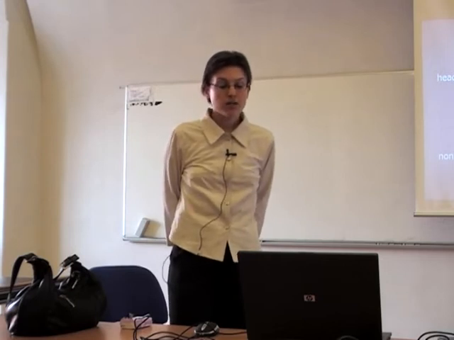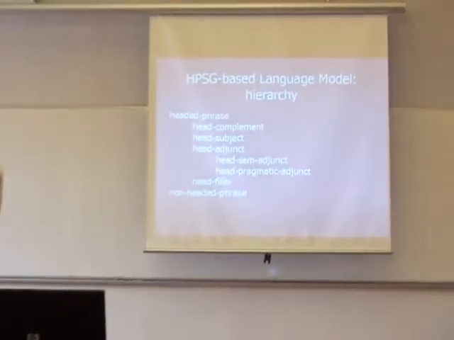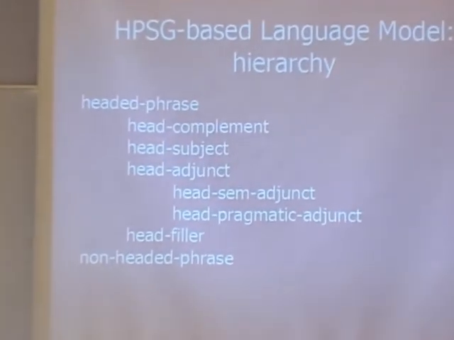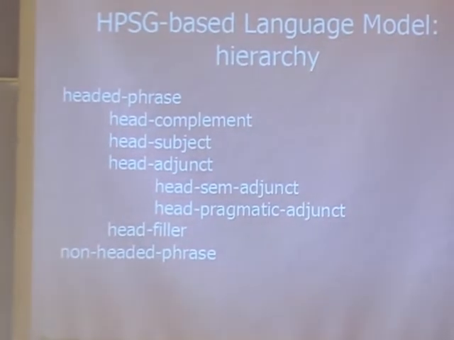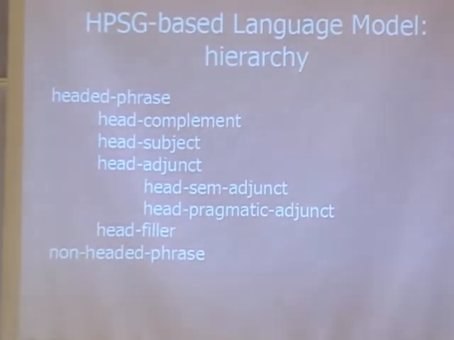And just a small example on the hierarchy of the phrases. We had two types of phrases, headed phrase and non-headed phrase. For non-headed phrase, at the moment we consider only the coordination. It is always problematic for every framework. And the headed phrase, we have the traditional things like head complement, head subject, head adjunct, and head filler for extraction phenomena.